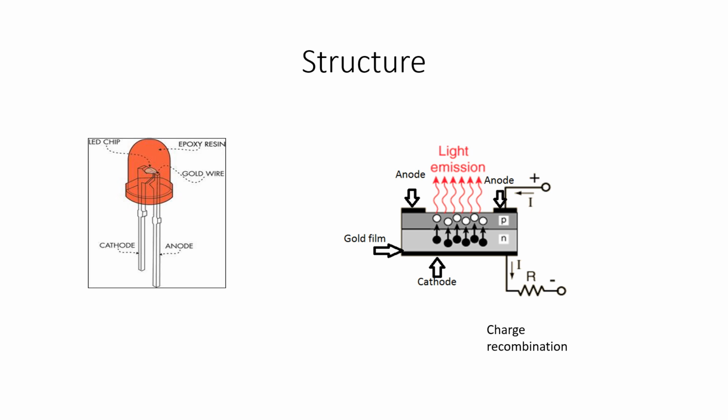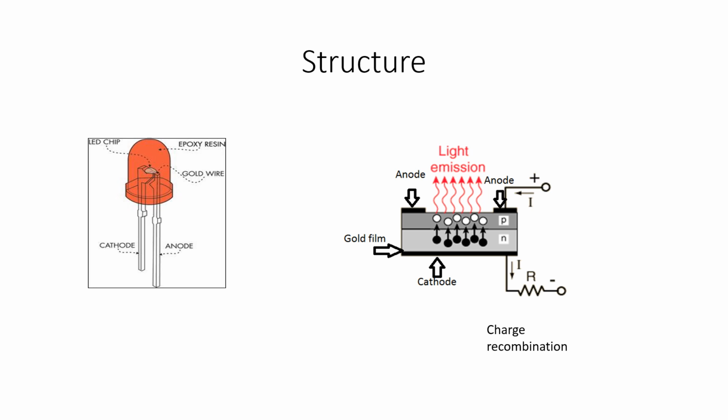LEDs are manufactured with domed lenses in order to reduce the reabsorption problem. A metal gold film is applied to the bottom of the substrate for reflecting as much light as possible to the surface of the device and also to provide the cathode connection. That is, the bottom portion acts as the cathode.